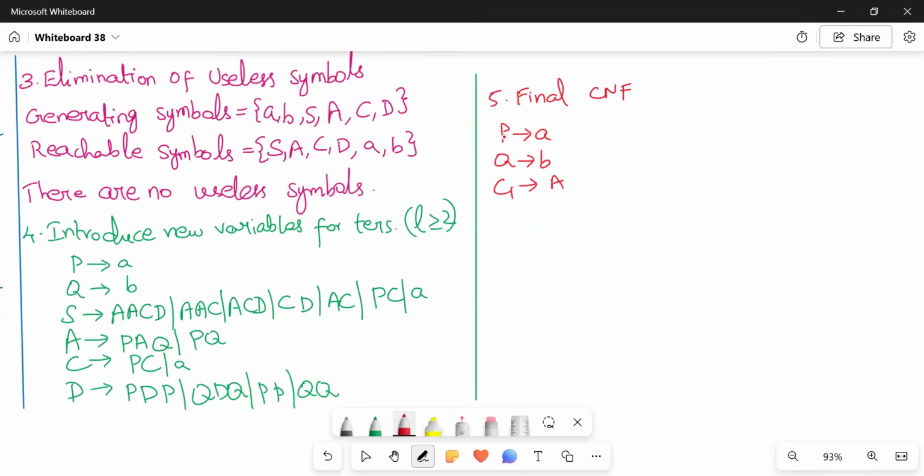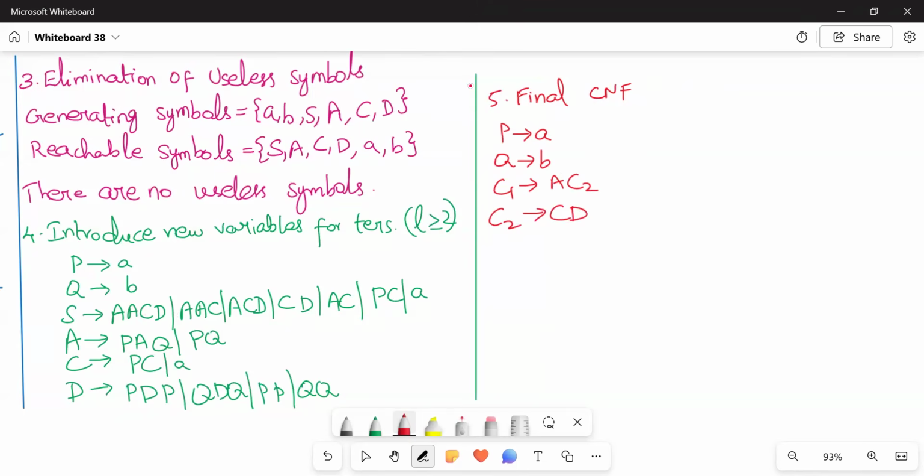CNF means a variable tends to two variables or a variable tends to a single terminal symbol. So for writing CD, I need one more variable C2. So what is C2? C2 tends to CD.